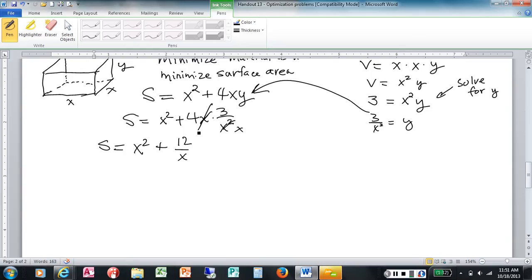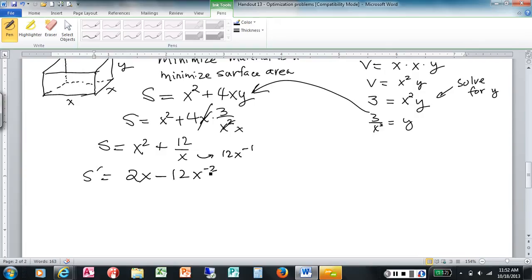The minimum usually occurs at a critical number, so I need to get the derivative here. So the derivative of x squared would be 2x. And then again, like I said, you could use the quotient rule if you want. I like to just say, well, that's 12x to the minus 1, so that'll be minus 12x to the minus 2, won't it?